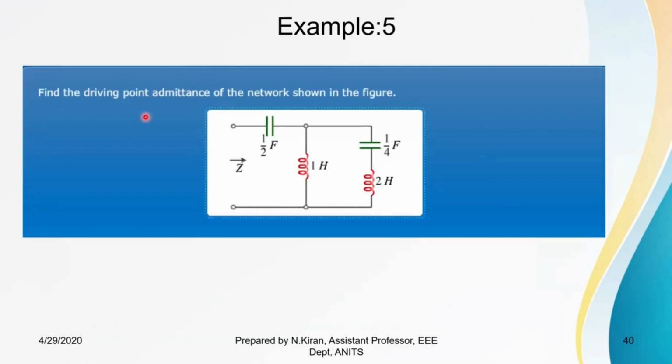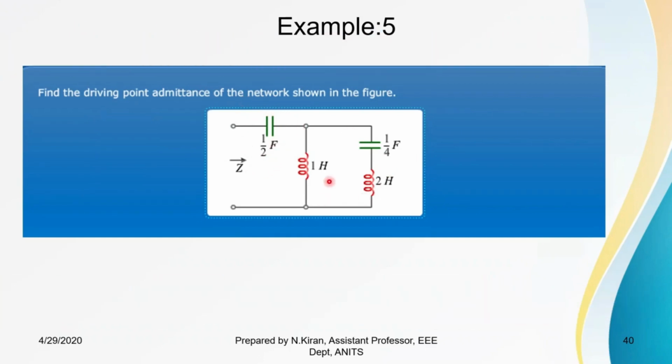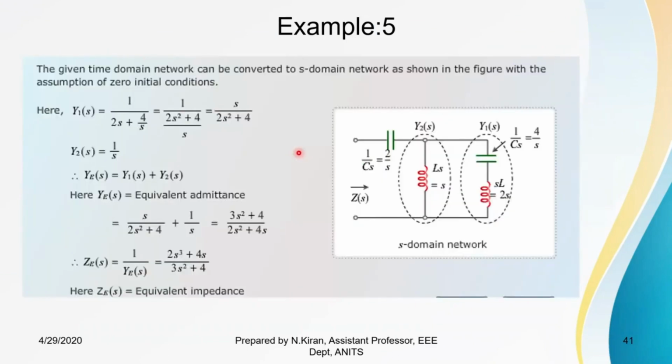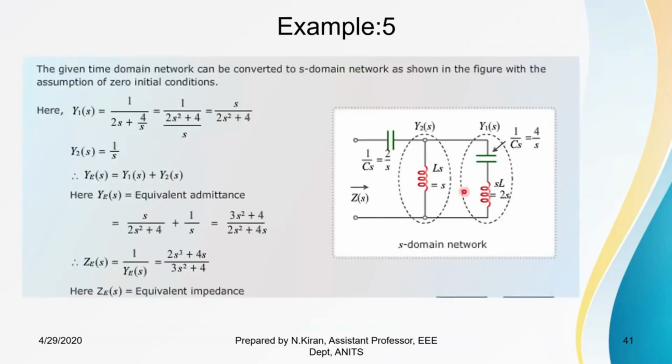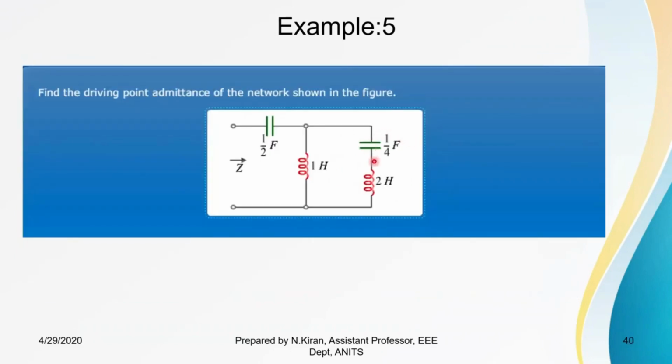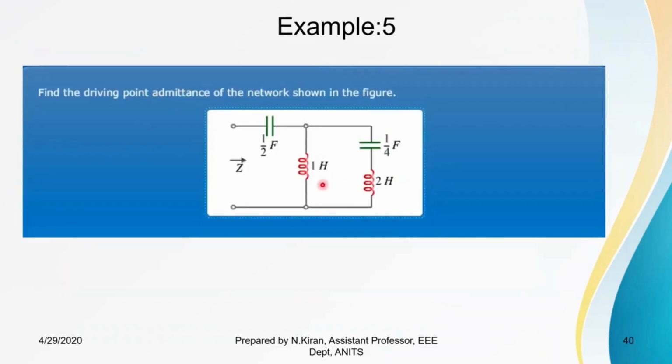In the denominator, if I take LC common, it will give me this expression for the input impedance. The fifth example: the driving point admittance. Here I want the admittance, so first let us transform this into the Laplace domain. 1 by 2 farads becomes 2 by s. 1 Henry is nothing but Ls, so its value is s. 1 by 4 farads is 4 by s, and the inductor 2 Henry will become 2s.